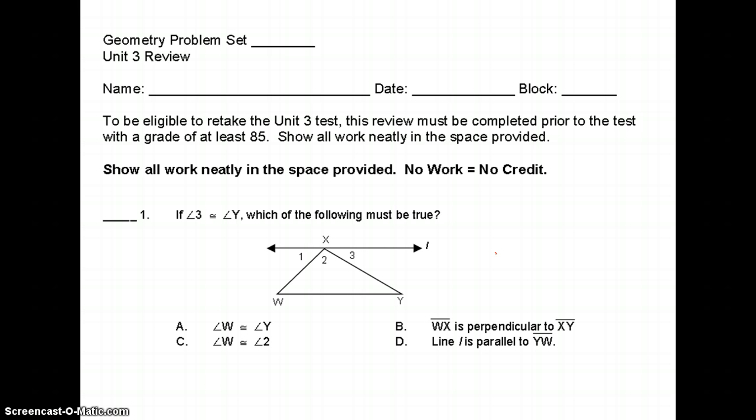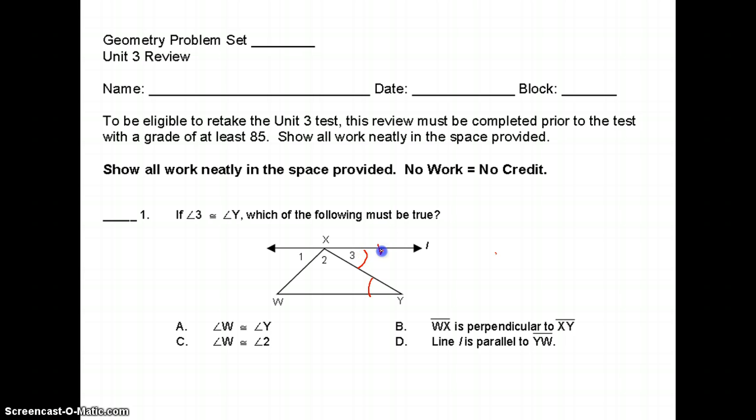If angle 3 is congruent to angle y, which of the following must be true? Okay, so first we're going to mark angle 3 right here, congruent to angle y right here. Now, as you notice, those are special kind of angles right there. I'll give you a second to think about it. If you said alternate interior angles, that's correct.